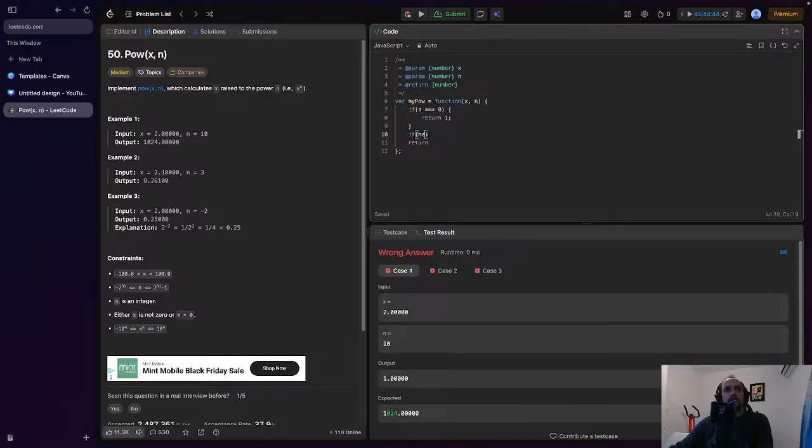And if n equals 1, return x. Otherwise, we'll return my pal x to the n times my pal x to the n, and we'll divide by 2.